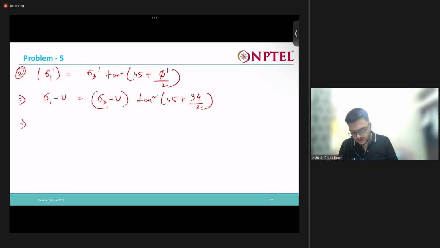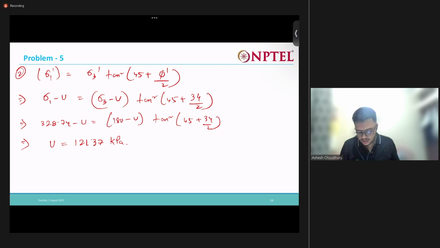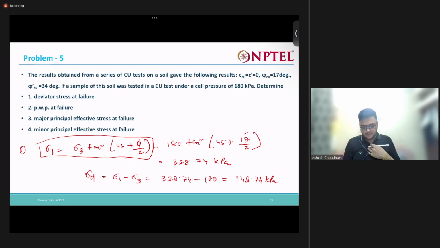Now, sigma 1 value I know, 328.74 minus u. Sigma 3 value I know, 180 minus u. If we just solve this, we can get u is equal to 121.37 kPa. Okay, very simple.